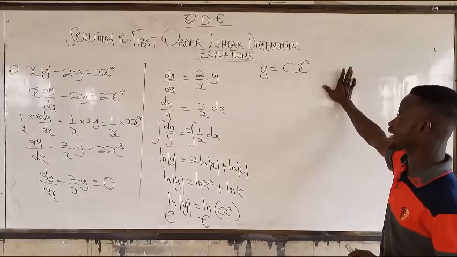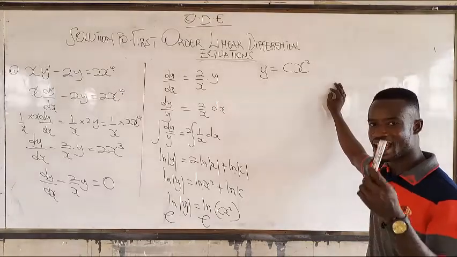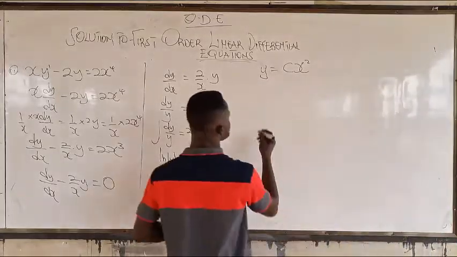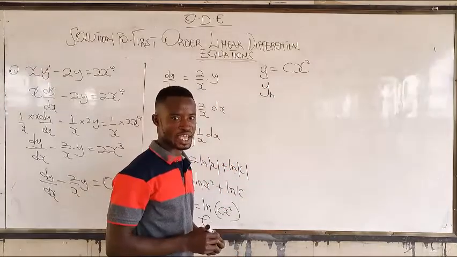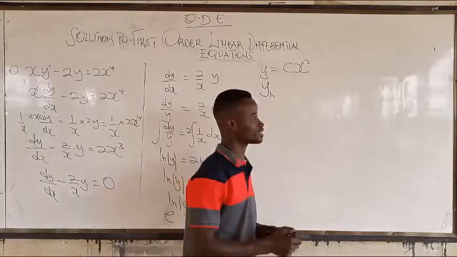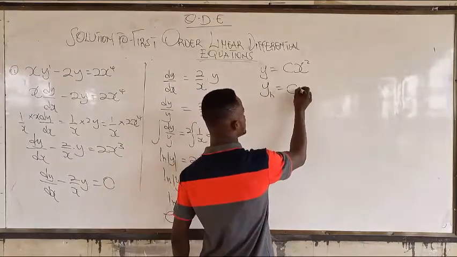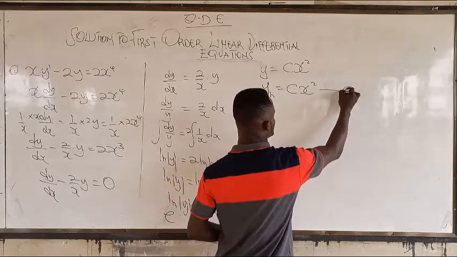So when we had our first equation, we said that then we have to write subscript h to represent the solution for the homogeneous part, and that is cs squared. Let's say this is equation 1.